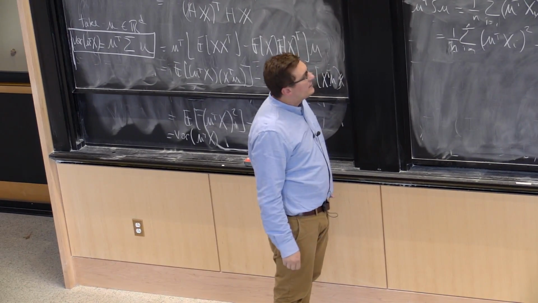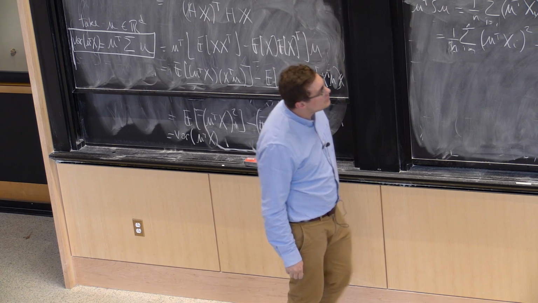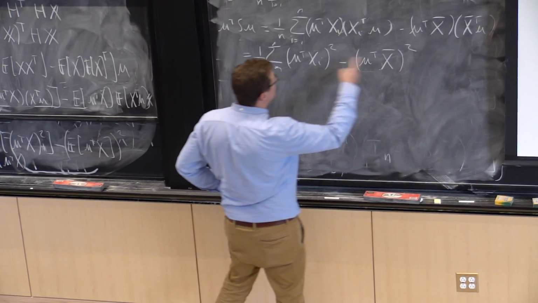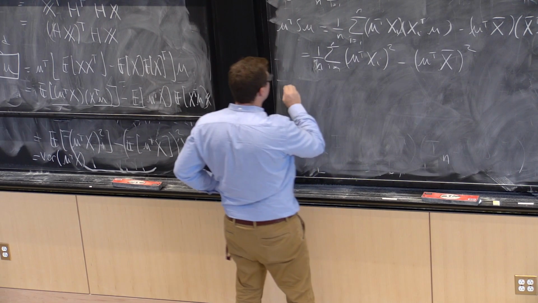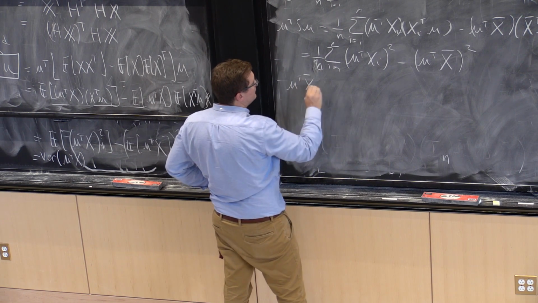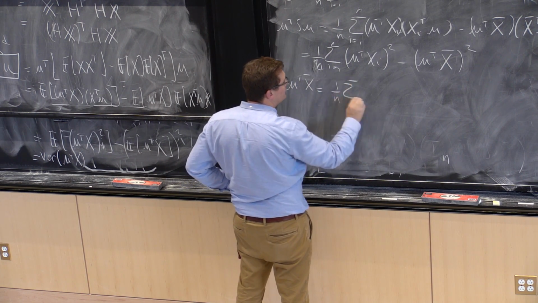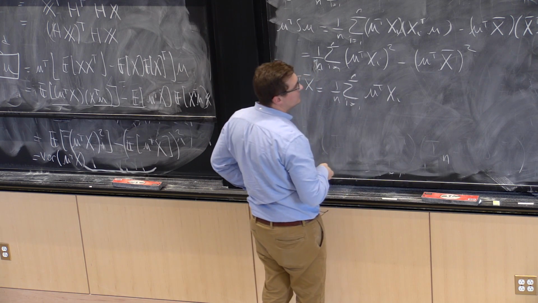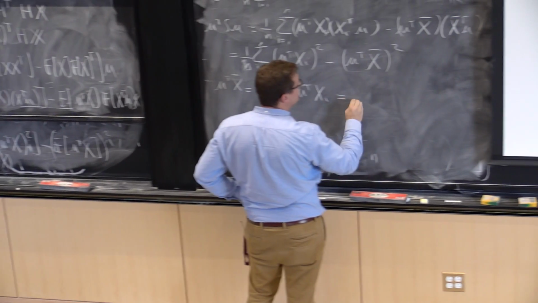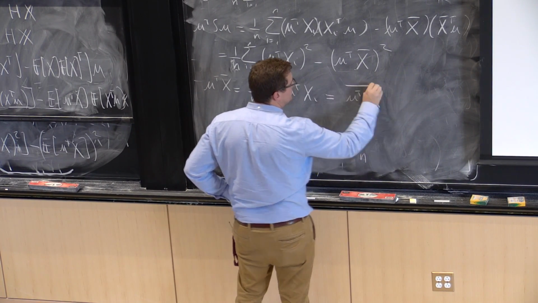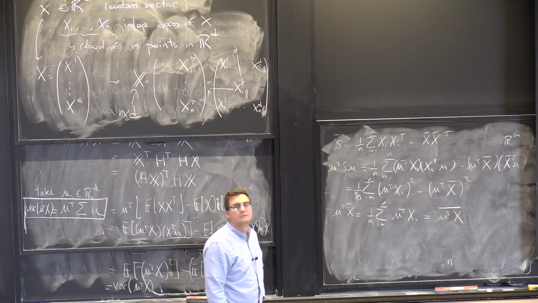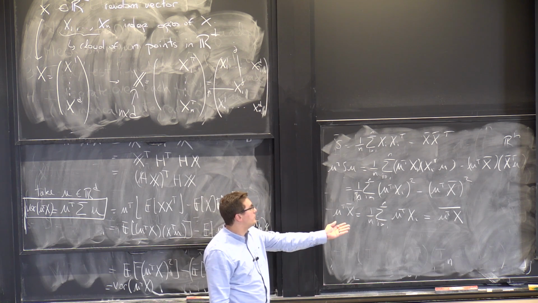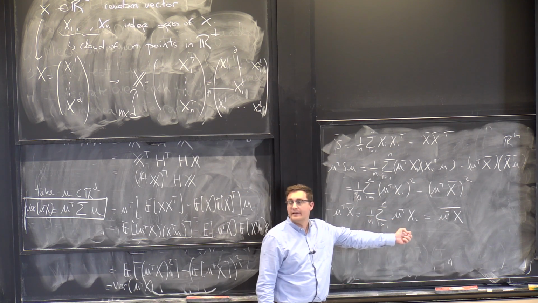So we're almost there. All I need to check is that this thing is actually the average of those guys, right? So u transpose x bar, what is it? It's 1 over n sum from i equal 1 to n of u transpose xi. So it's really something that I can write as u transpose x bar. Right? That's the average of those random variables of the form u transpose xi.